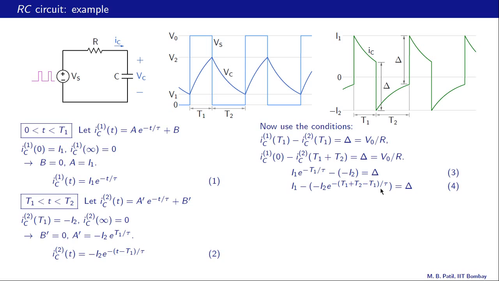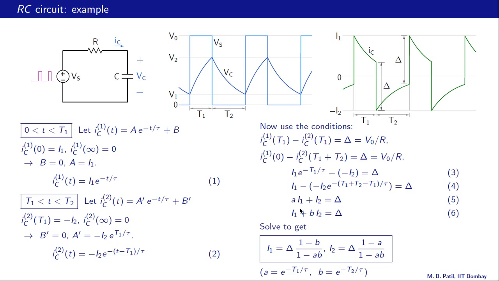Now, using the constants a and b that we defined in the previous slide, we can rewrite these equations 3 and 4 as a I1 plus I2 equal to delta, that is our equation 3, and I1 plus b times I2 equal to delta, that is our equation 4. And these two equations can now be solved for I1 and I2.